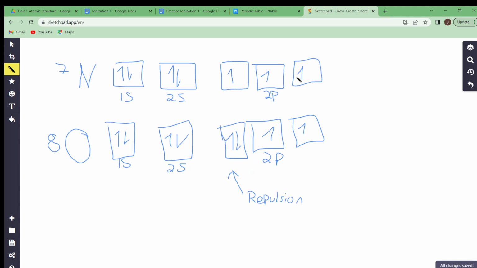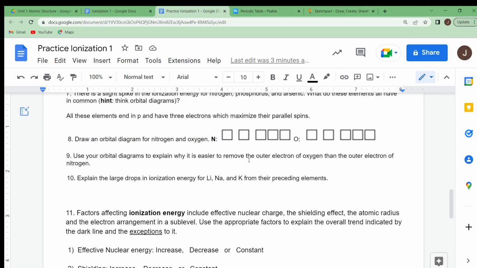So that's why we would put, for our answer here, that electron repulsion happens on the last electron that enters the p orbital, or that enters a half-filled p orbital, because it has one already in there, making it easier to remove.